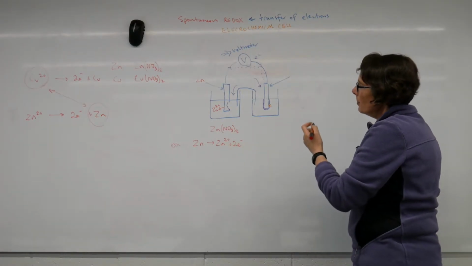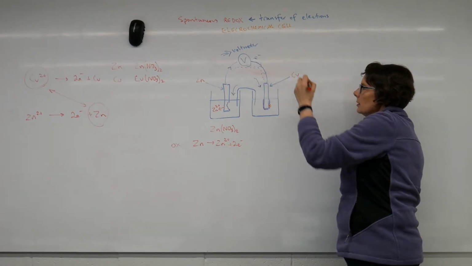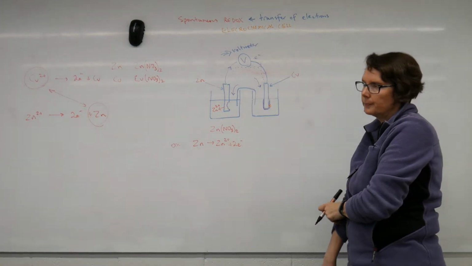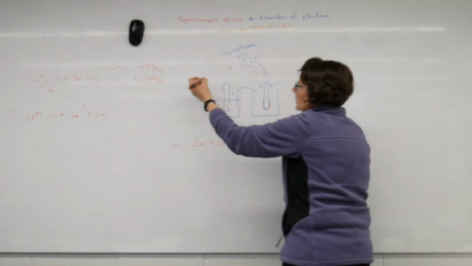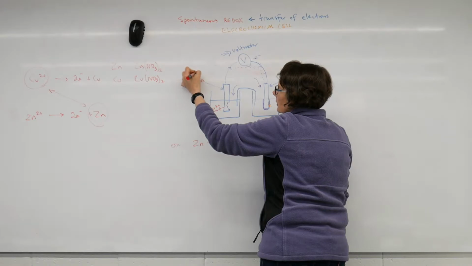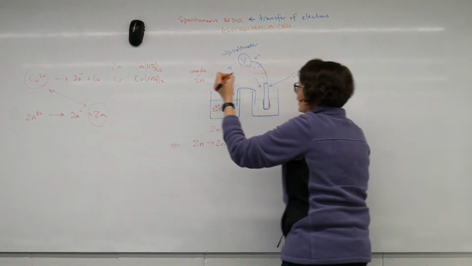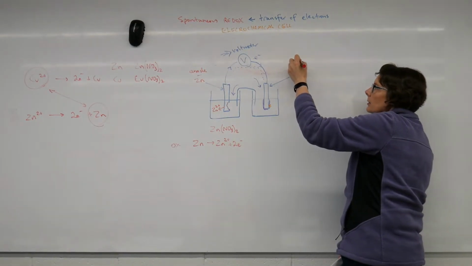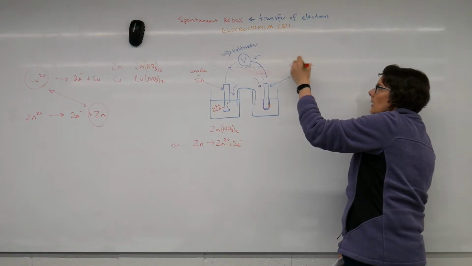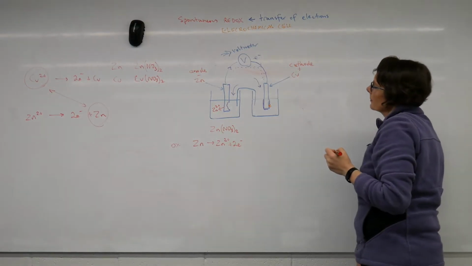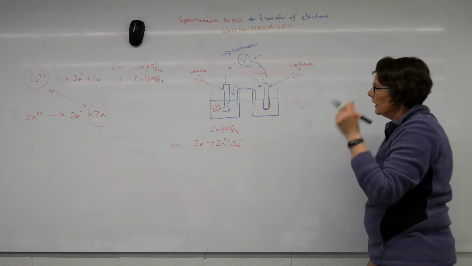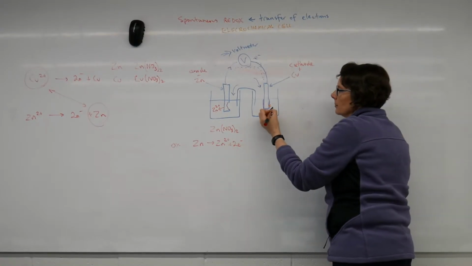And the copper electrode must be this one. So the zinc is the anode, has a negative charge. The copper is the cathode, has a positive charge. And the copper ions are being reduced.